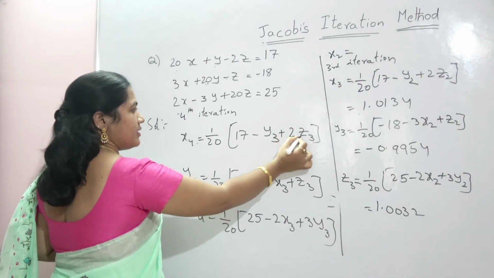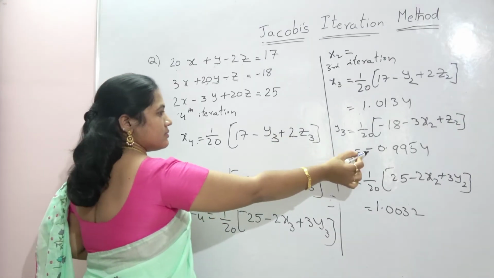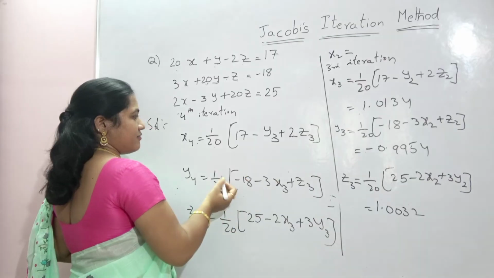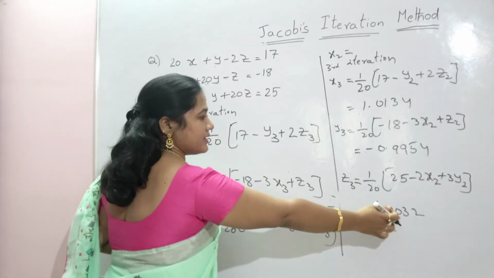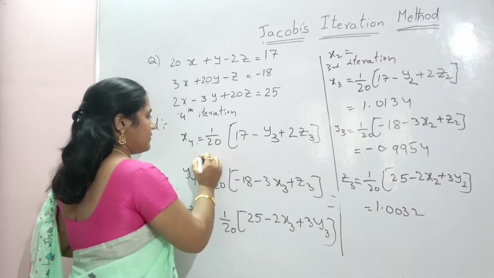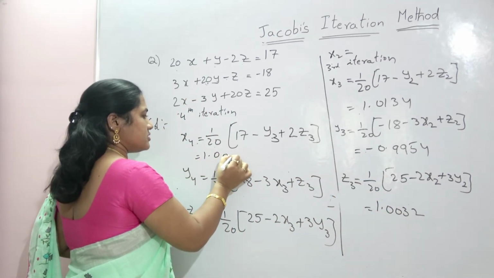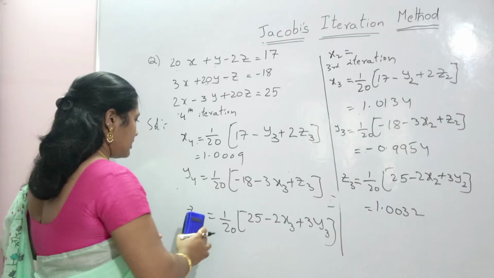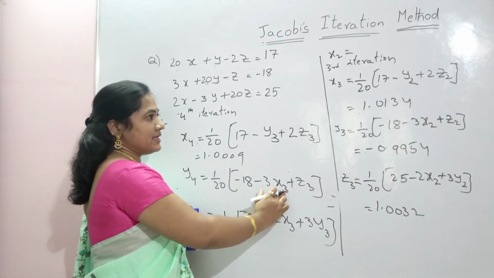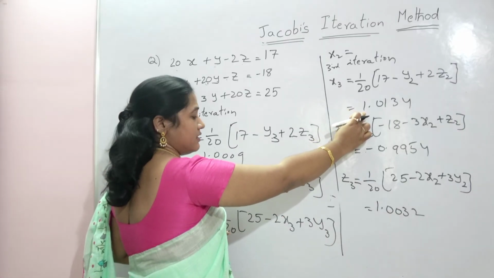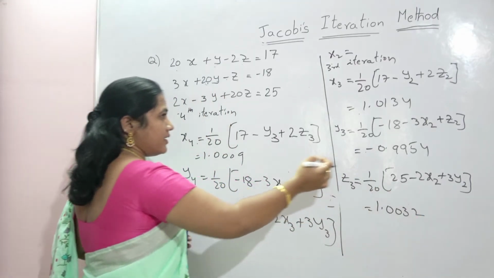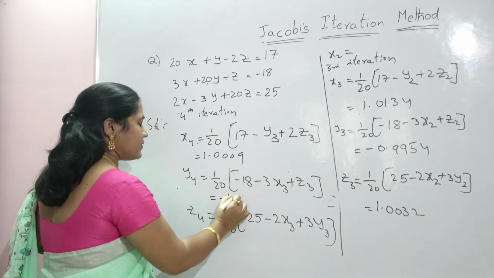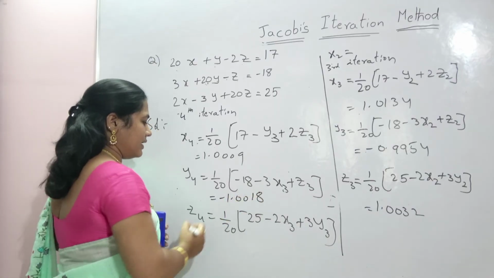Now substitute. y3 is minus 0.9954 and z3 is 1.0032. Then you will get 1.0009. And substitute x3 value is 1.0134 and z3 is 1.0032. Then you will get minus 1.0018.